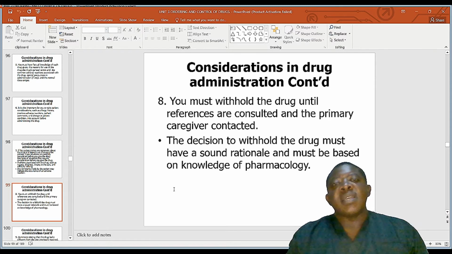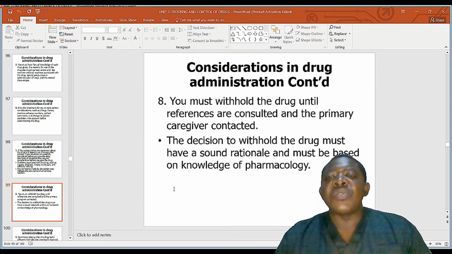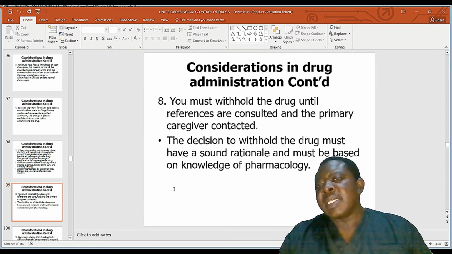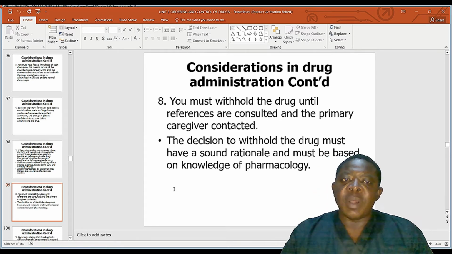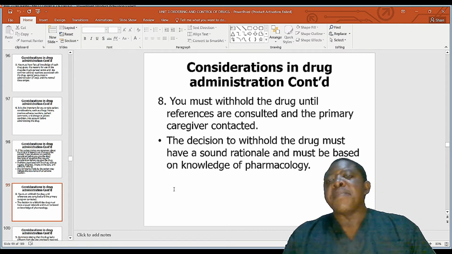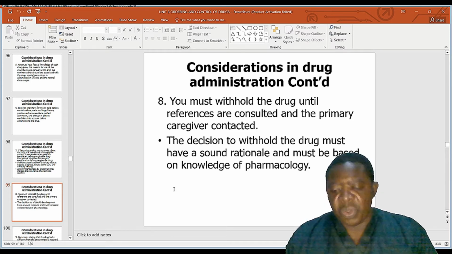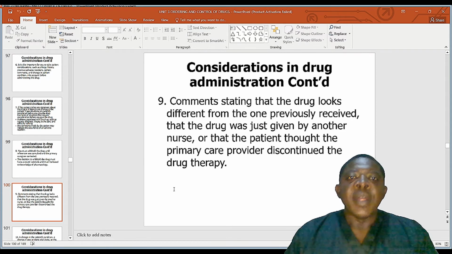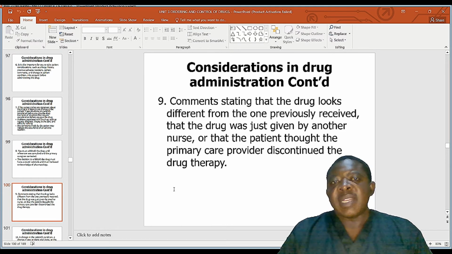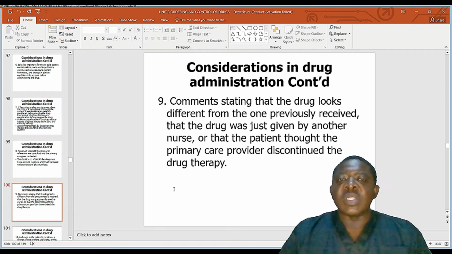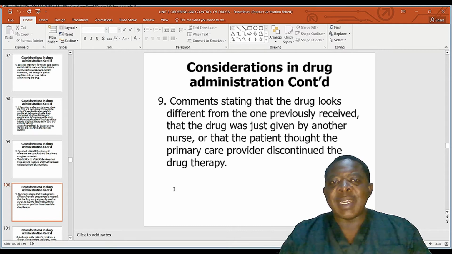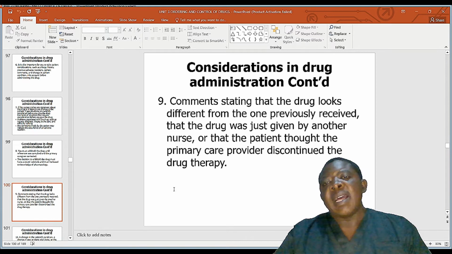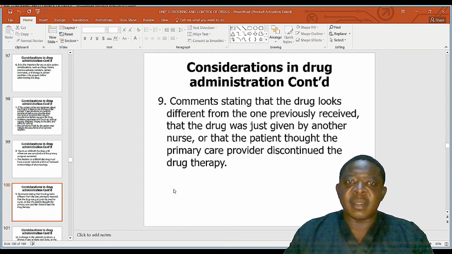Then the 8th consideration is that you must withhold the drug until references are consulted and the primary caregiver is contacted. The decision to withhold the drug must have a sound rationale and must be based on knowledge of pharmacology. Then the 9th consideration is a comment stating that the drug looks different from the one previously received, or that the drug was just given by another nurse and the like, should be taken into consideration, and if possible, the drug discontinued.